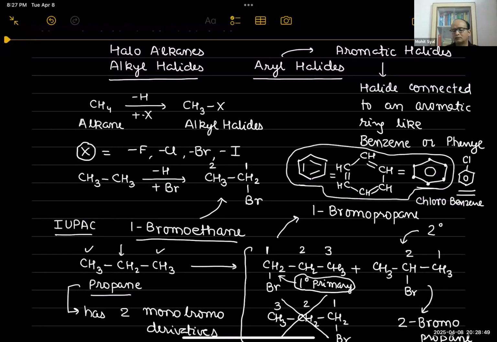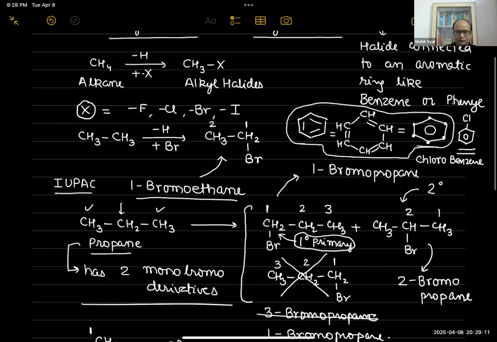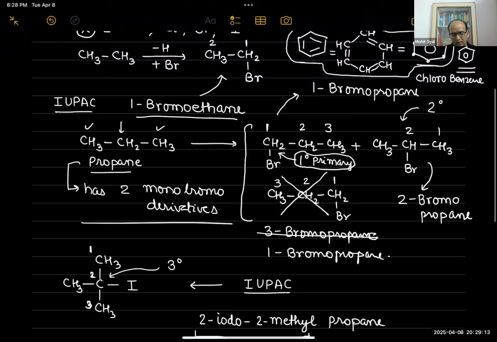This is also an example of an aromatic halide, where the halogen atom is connected not to an alkane but to the benzene ring. Is that clear? Zainab and Ibrahim, is that clear to you? Yes. Okay, great.